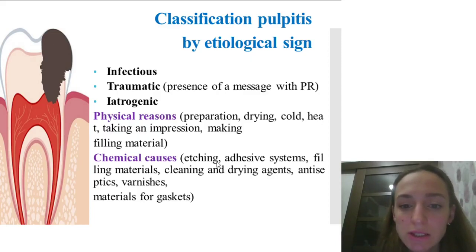It occurs in case of concussion, then fractures, and during carious cavity preparation. It has been proved that the largest damage to the pulp occurs at a bur speed in the range of 3,000 to 30,000 rotations per minute without a water coolant.